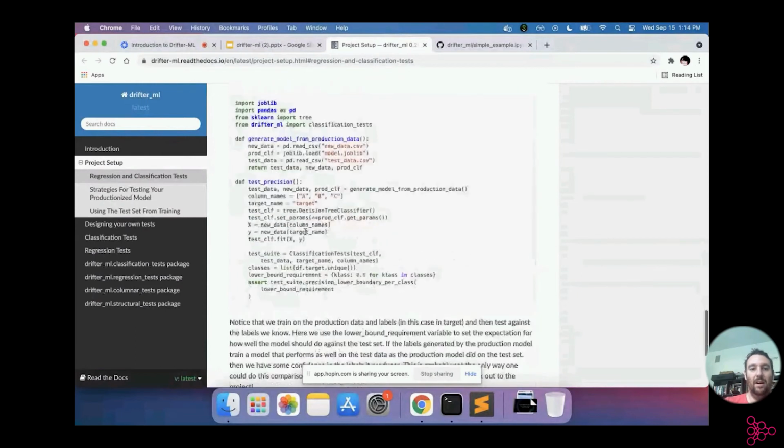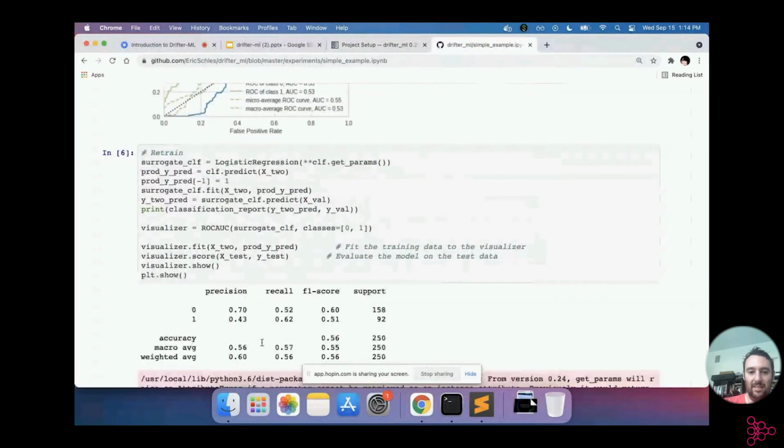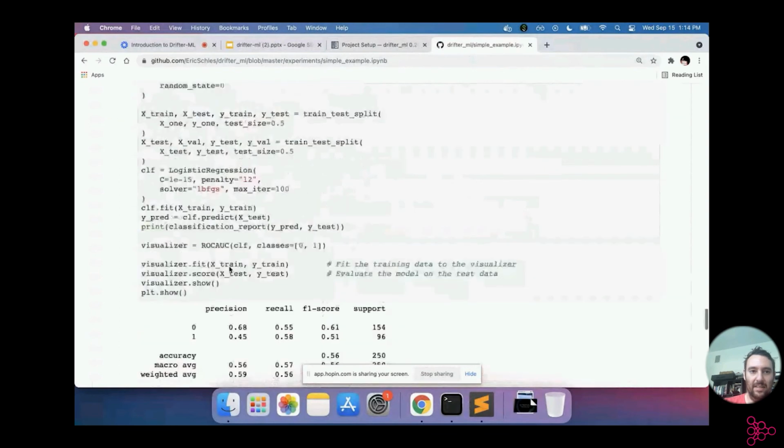Now we've got our tests. This is what our test.py file looks like. The most naive thing to do is just a lower boundary for a class.